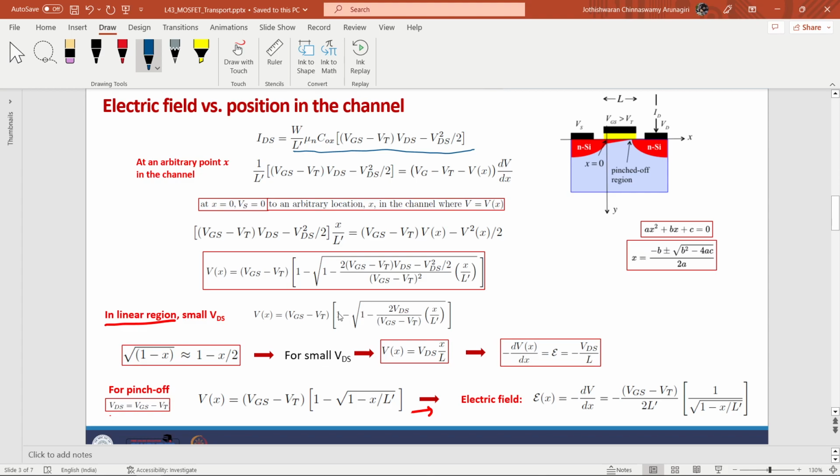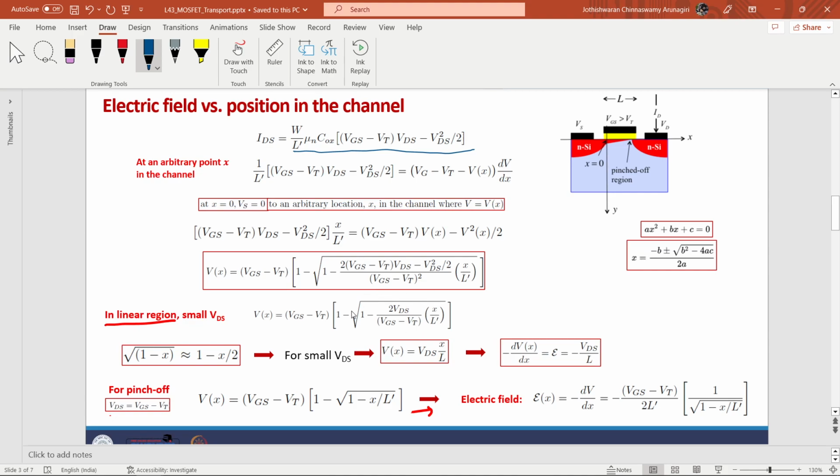So I'll essentially have Vgs minus Vt into 1 minus square root of 1 minus 2 Vds divided by Vgs minus Vt into x by L prime. I can further do the binomial approximation and come back to our original ohmic limit, or I can leave it like this to observe the non-ohmic effects.